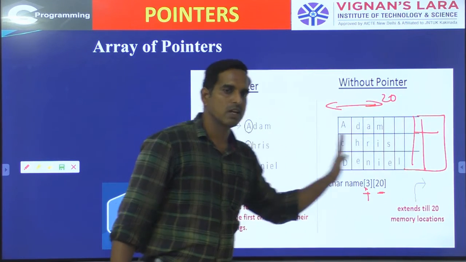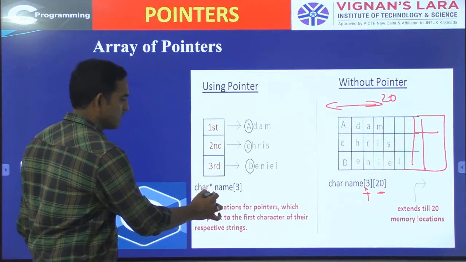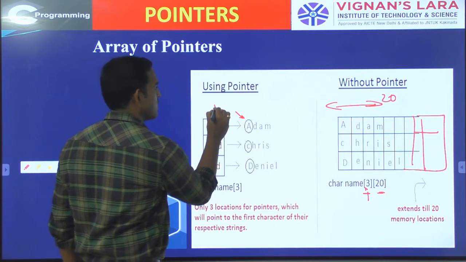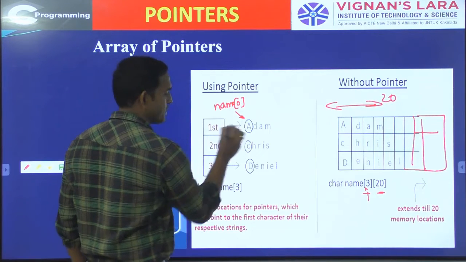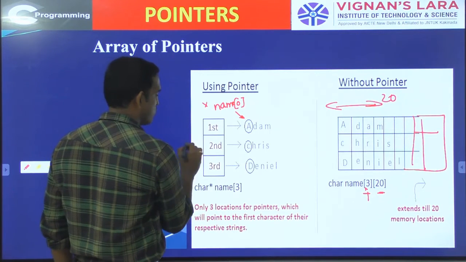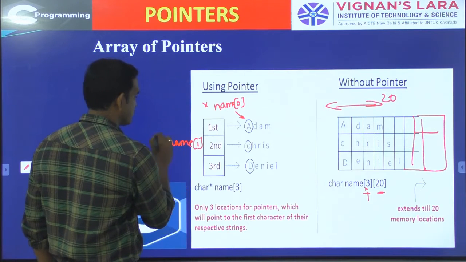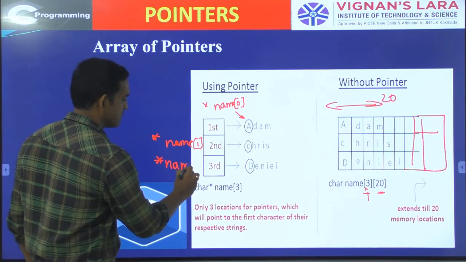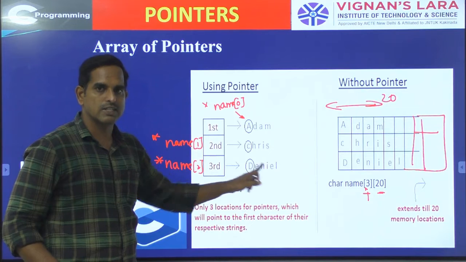But if you use a pointer for your strings, the first pointer, name of 0, will point to the first element, name of 1 will point to the second element, and name of 2 will point to the third string.